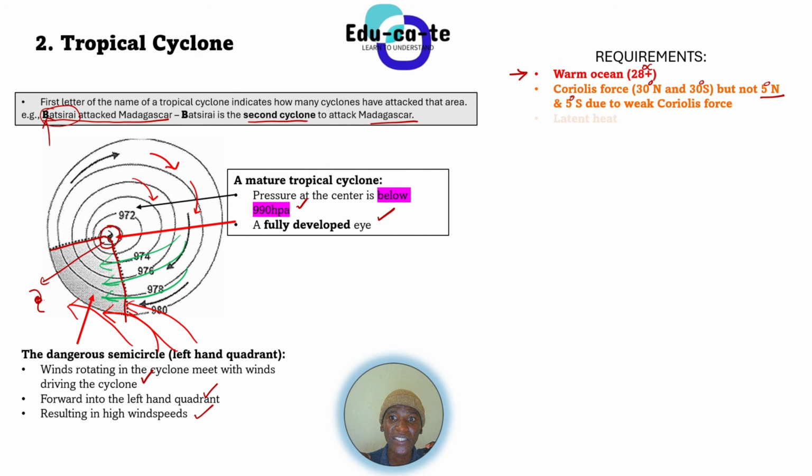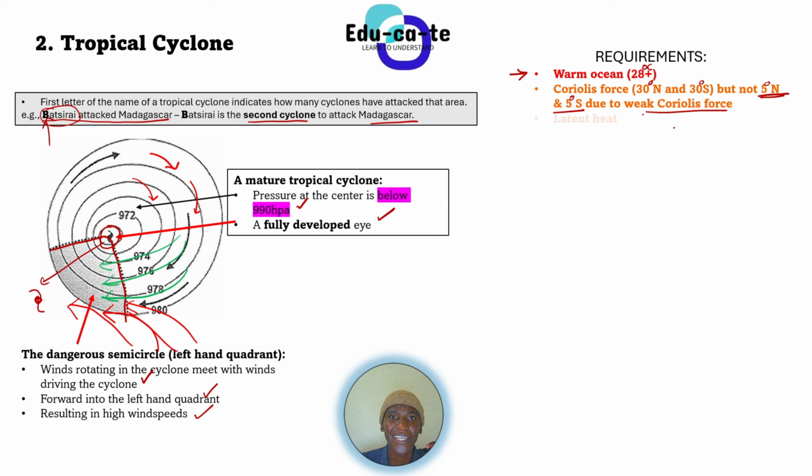We actually need a lot of Coriolis force to make the tropical cyclone have spiraling winds. So when you are 5 degrees north or south of the equator, there is a weak Coriolis force.